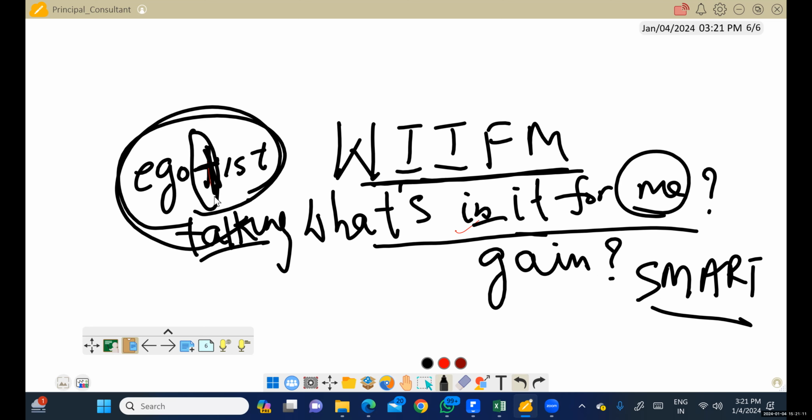Nishant, did you understand this? The difference between egoist and egotist? Yes, sir. Okay. Are you an egoist or egotist? Sir, neither. Okay, very good. Priyanka, do you understand this?